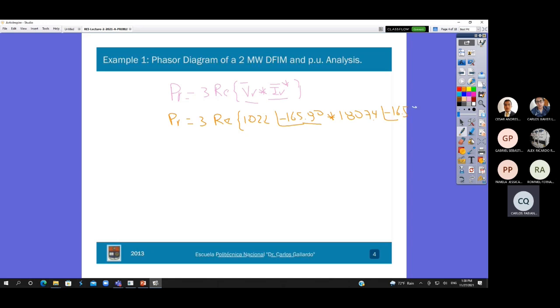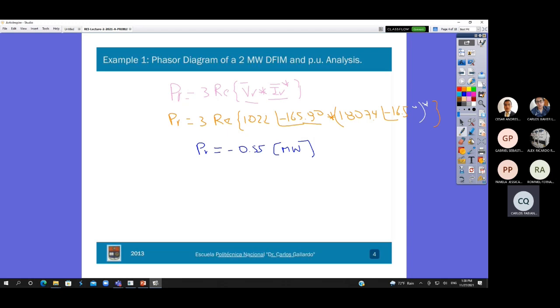This is the conjugate, right? So I will have here the conjugate. Therefore the rotor active power is equal to negative 0.55 megawatts. This is the rotor active power.